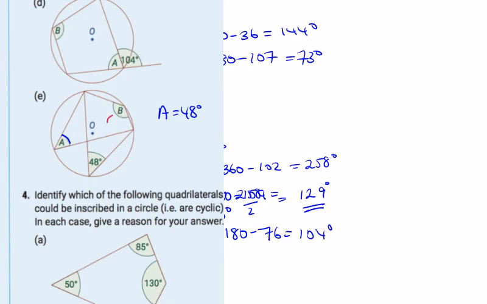And if we create a cyclic quadrilateral here, for B, we have 1, 2, 3, 4. So A plus B is equal to 180. So B is 180 minus 48, which is 132 degrees.